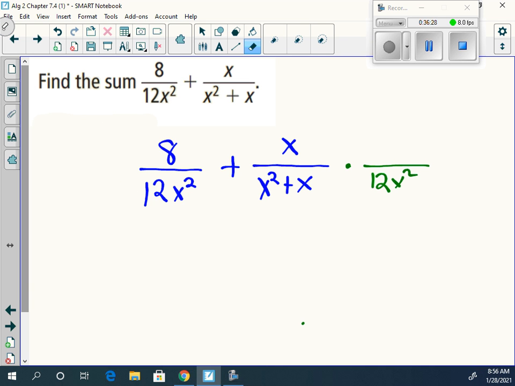Yes. Now, the 12x squared is as simplified as it gets. It doesn't get any smaller.